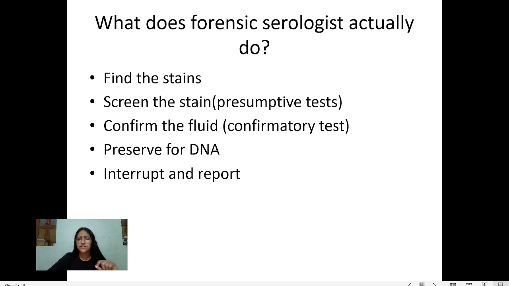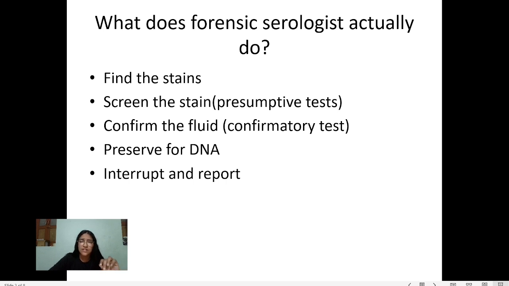Now the second one is the screening of the stain. That means presumptive tests are used. A presumptive test is a preliminary test, that means the basic test. These tests are quick and sensitive. They can say that it can be or it might be a particular body fluid, like this can be blood, this can be semen, and this can be saliva, and so on.